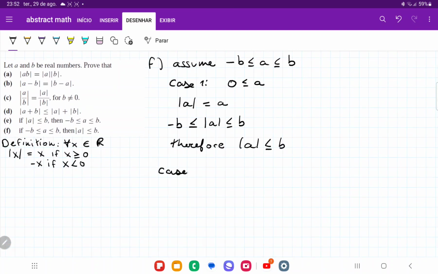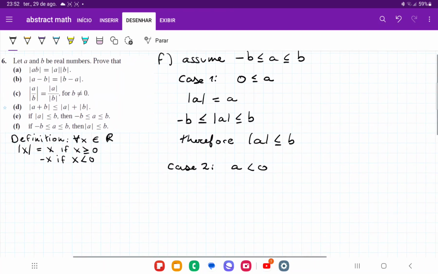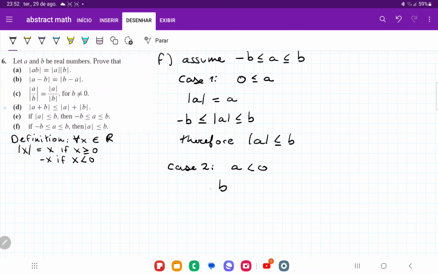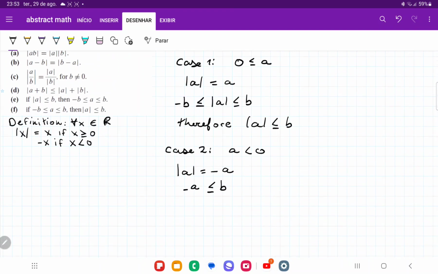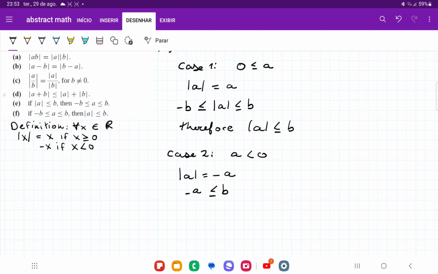And for case 2, where A is less than 0, we're going to have here that if A is less than 0, it means that the absolute value of A is equal to minus A. And so B is greater than or equal to minus A. So once I have this, what I'm going to do is add minus A to both sides, right?